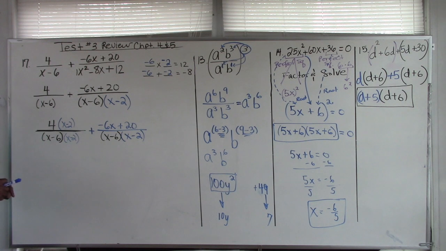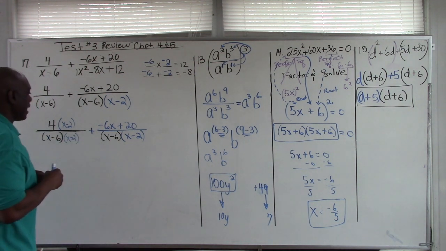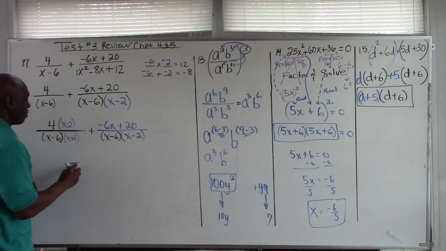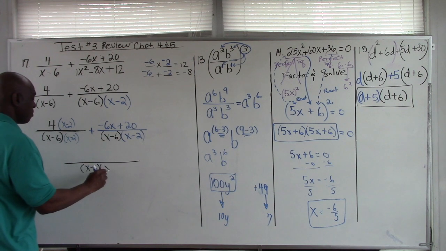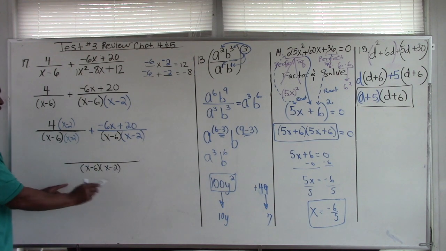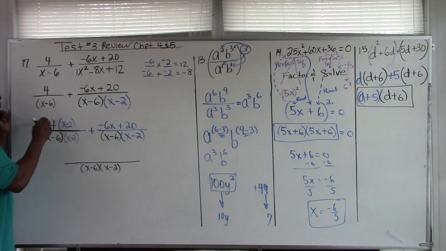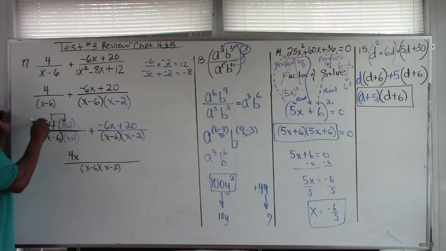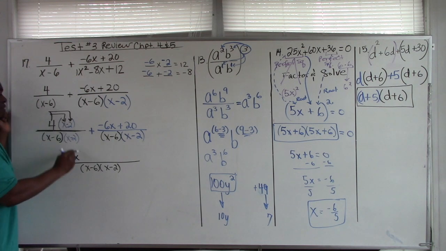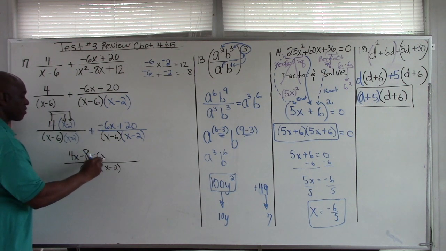All right. And so the next step is for us to combine the numerators. So leave the denominator alone. That's going to be x minus 6 times x minus 2. That's fine. Leave that alone. Work up in the numerator. So I got to take 4 times x, which is going to give me 4x, and then 4 times a negative 2, which is going to give us minus 8, then a minus 6x, and a plus 20.